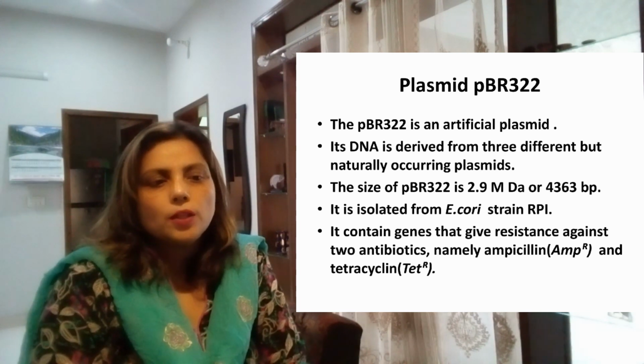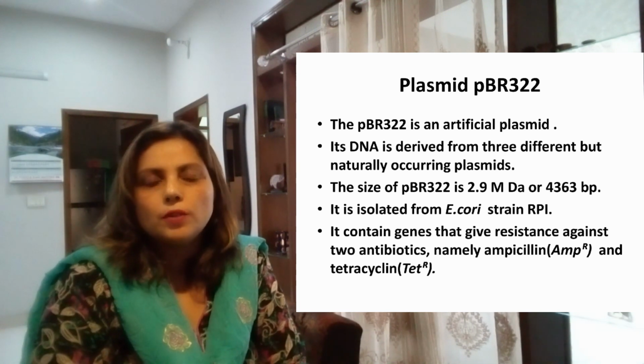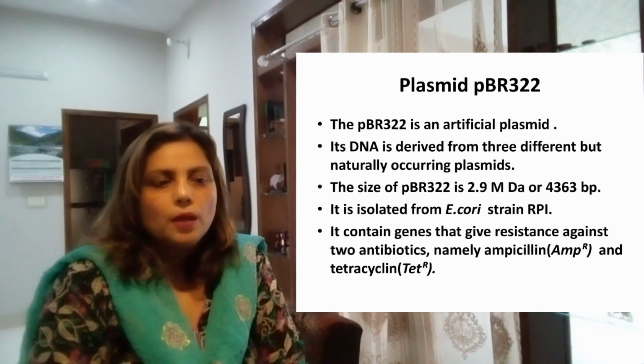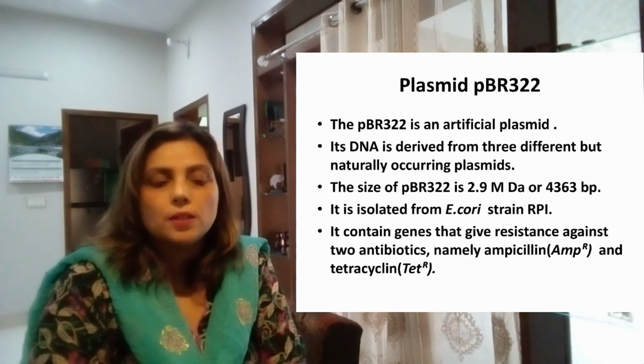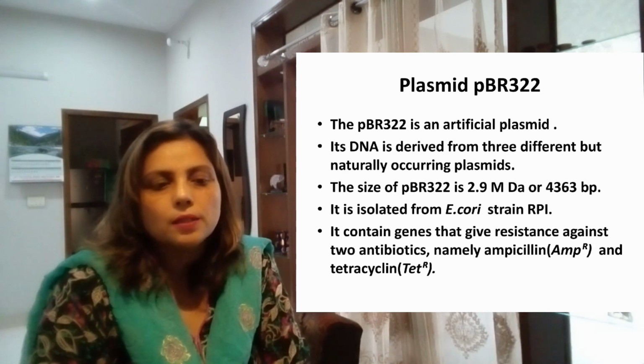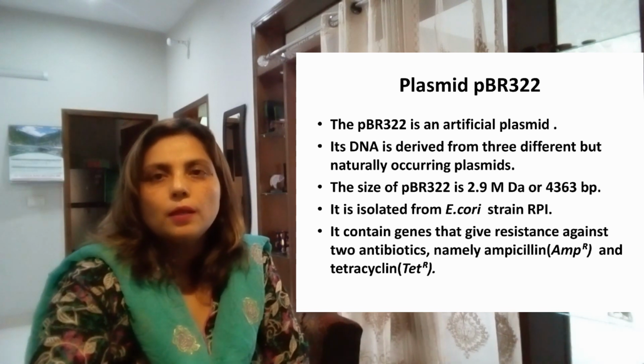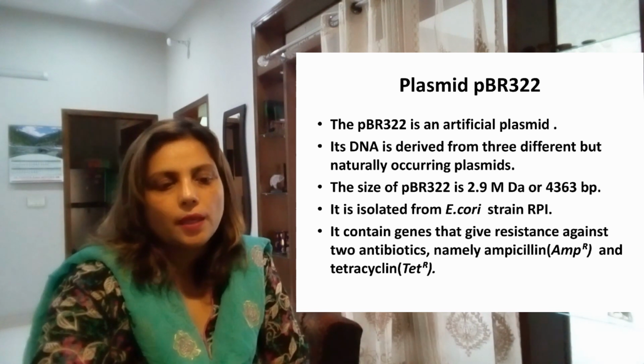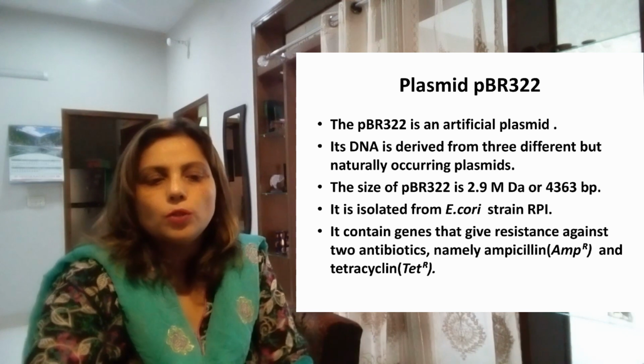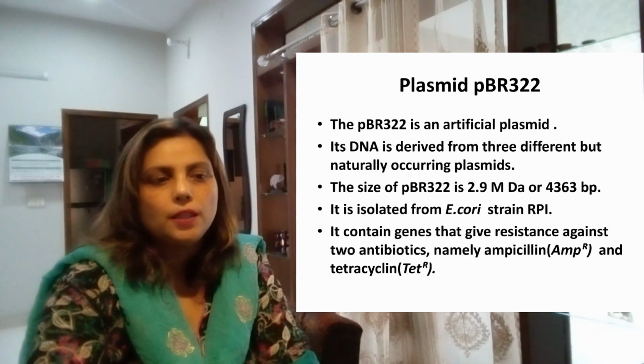It is isolated from the E. coli strain known as RP1. It contains genes that give resistance against two antibiotics, ampicillin and tetracycline, denoted by AMP and TET.